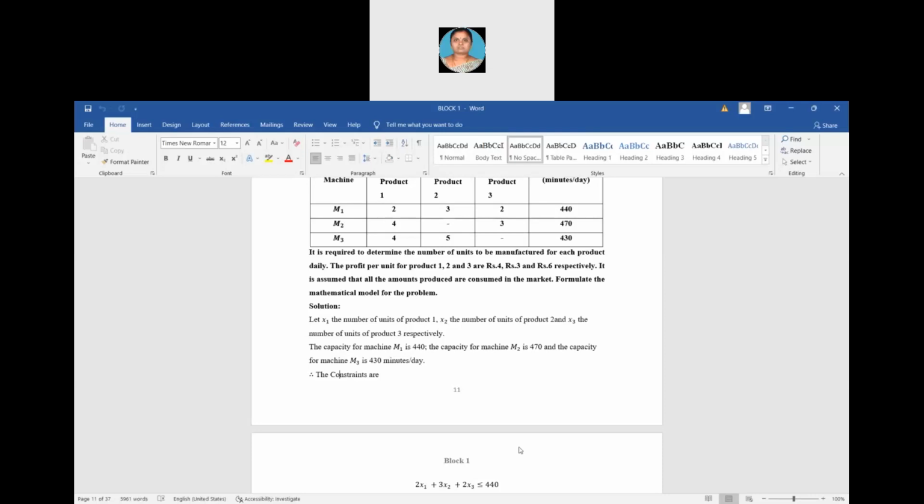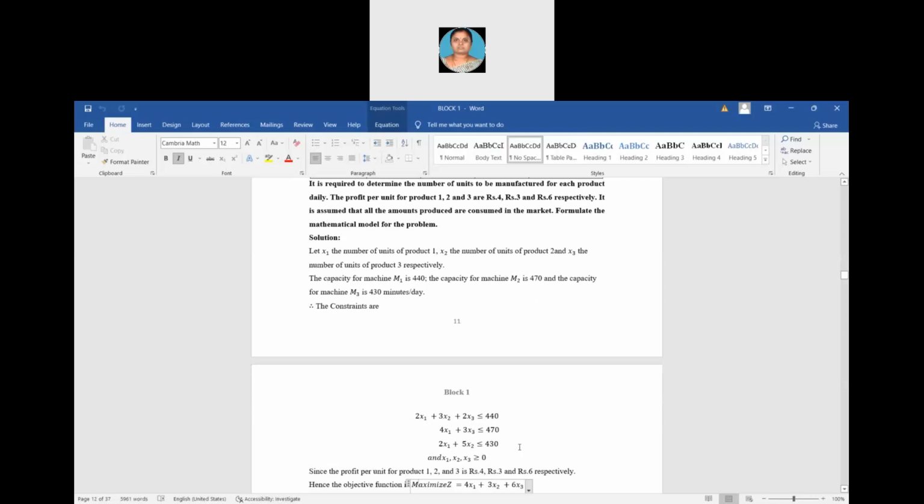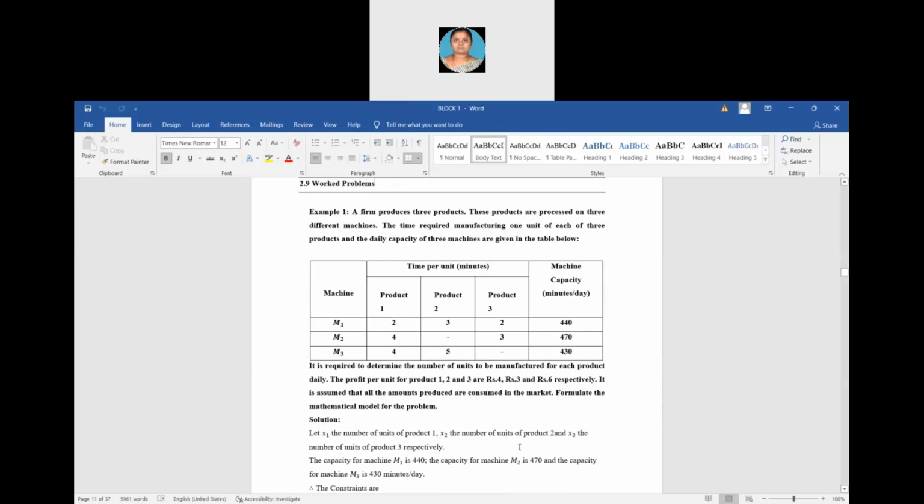The capacity for machine 1 is 440, for machine 2 is 470, and for machine 3 is 430 daily. They have given the capacities also. So all these things can be expressed in mathematical format. In the first row, the times taken by machine 1 are 2, 3 and 2.